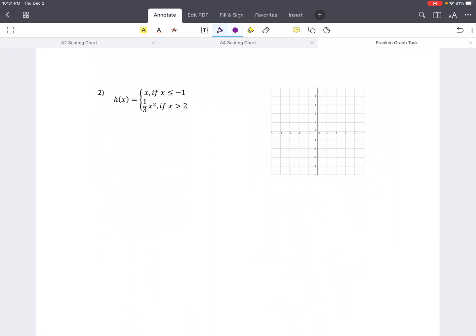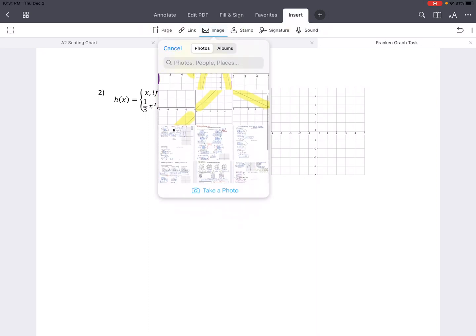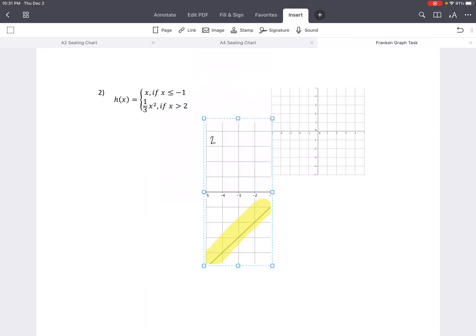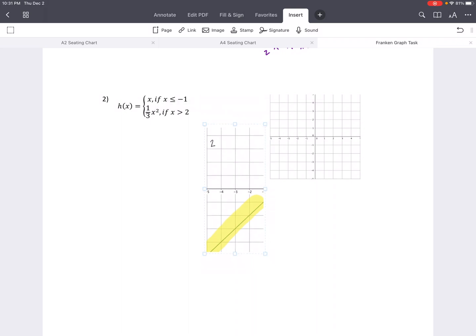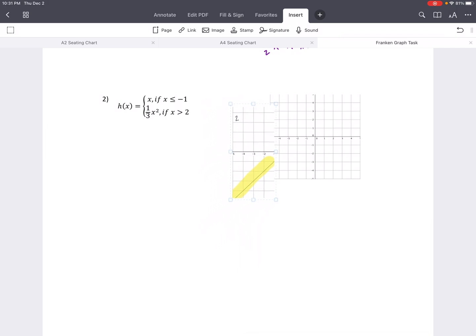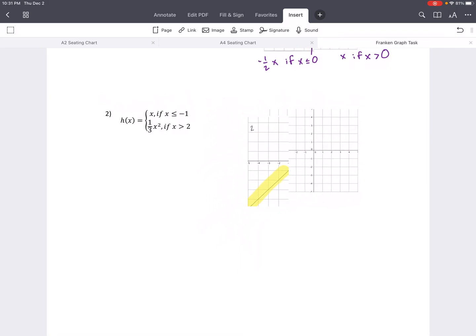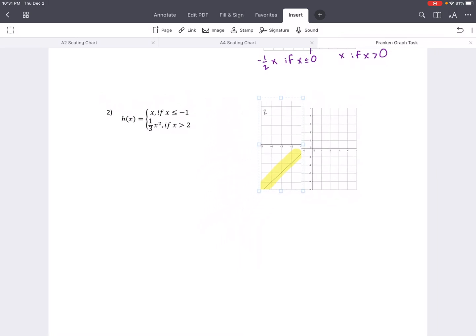So I can look at number 2. Okay, here is my piece for number 2. And it looks like this is everything that was less than -1, so this is the x equation. Sorry, a little technical difficulty.